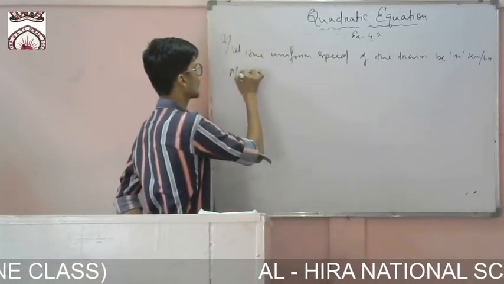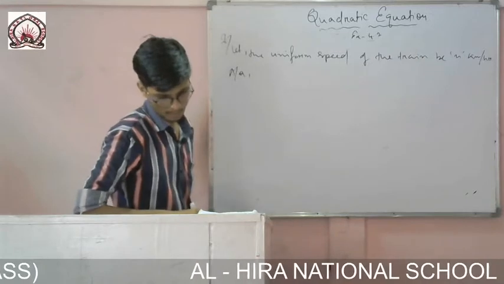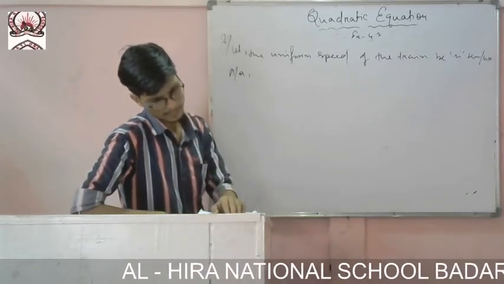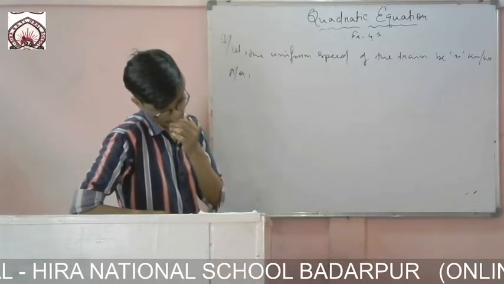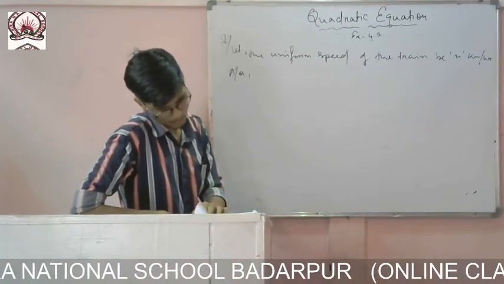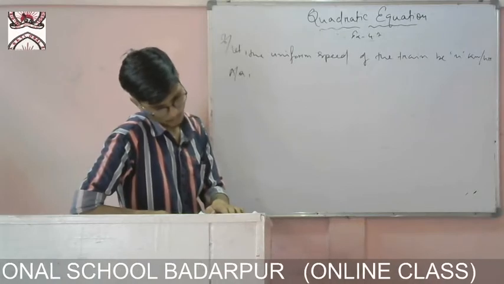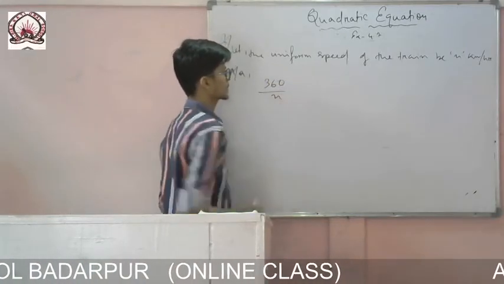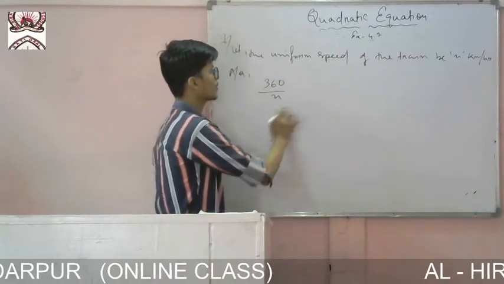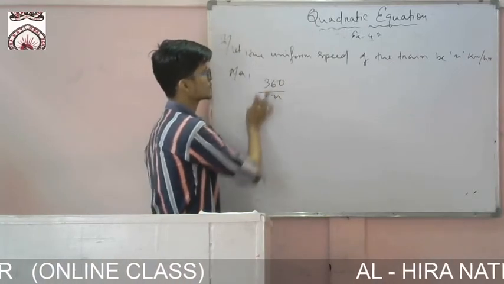So according to the question, what can I write? It is given here that the train travels 360 km at a uniform speed. If the speed had been 5 km more, it would have taken 1 hour less. So at normal speed, it was 360 by x. That is, we are talking about the time. Time equals distance by speed.